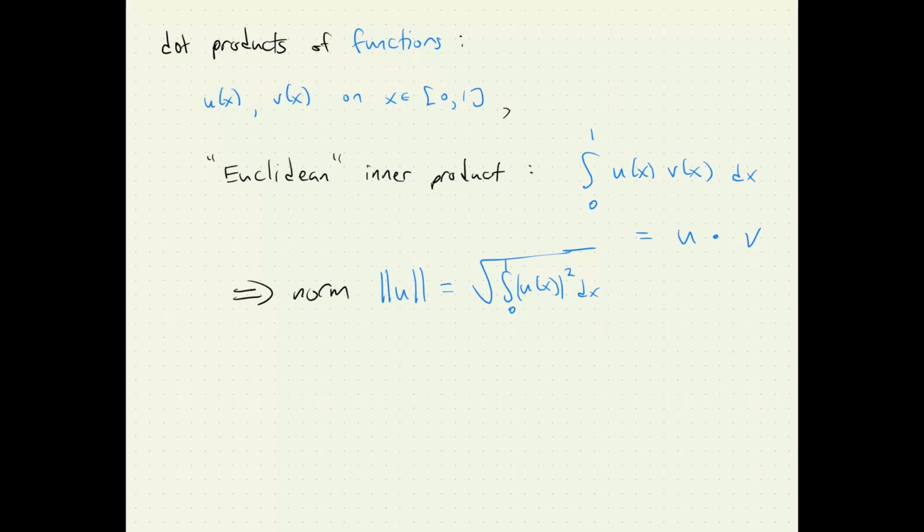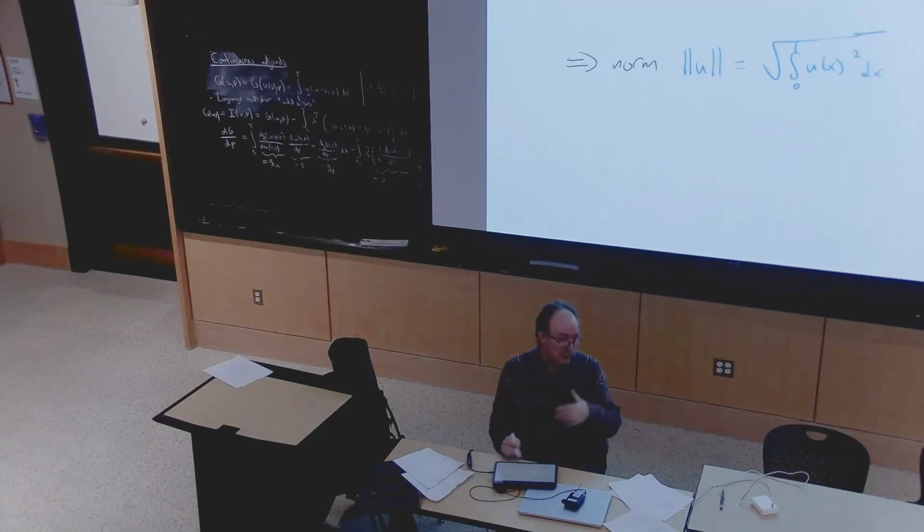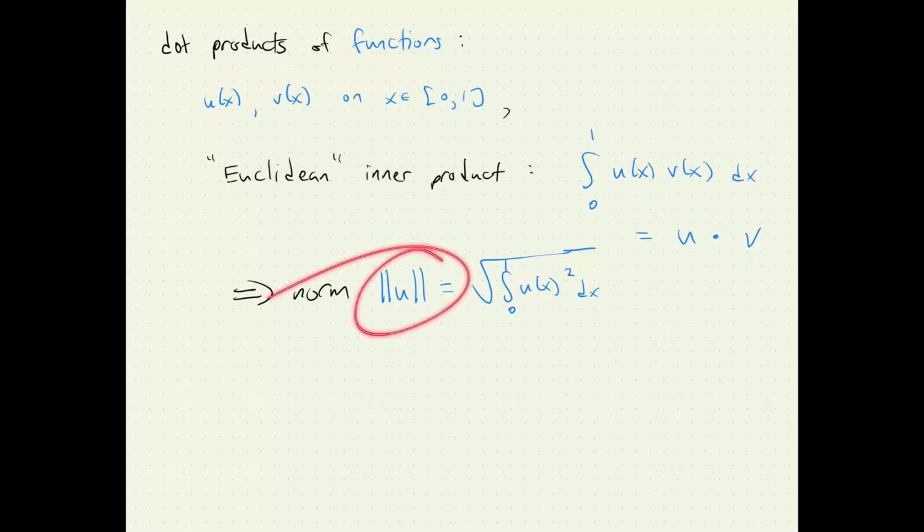Once we have the norm, that's the precise sense in which we're dropping terms that go like the norm of du squared and higher, or actually anything higher than linear.